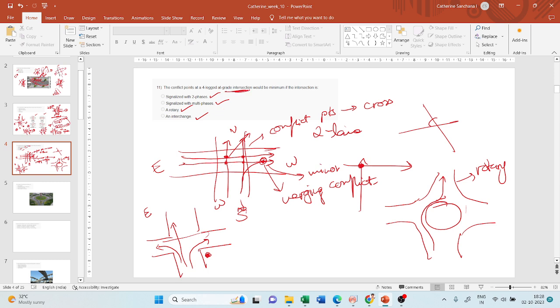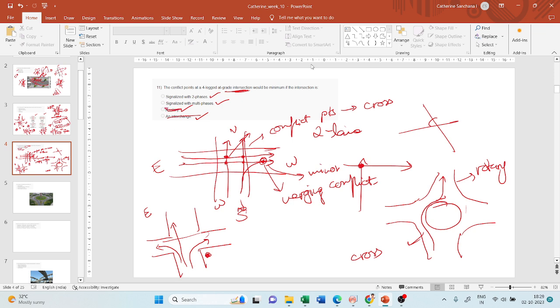When you provide an interchange, both the movements will be at different levels, right? So this option is eliminated. Now a rotary: when I was explaining, I told you the cross conflict points can be minimized in a rotary intersection, but there will be other minor conflict points also. So it is not reduced to that extent, and the rotary intersection can also be eliminated.